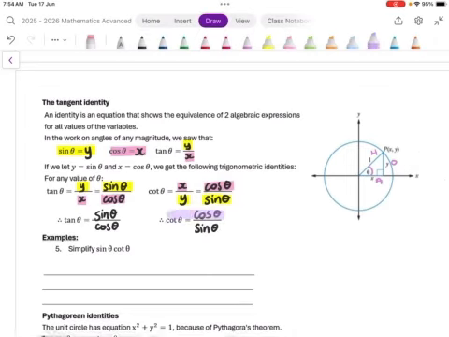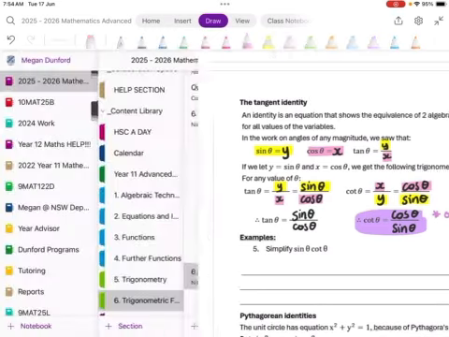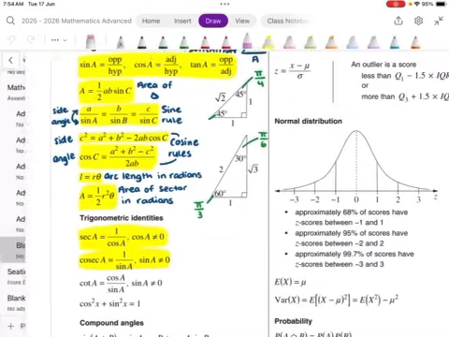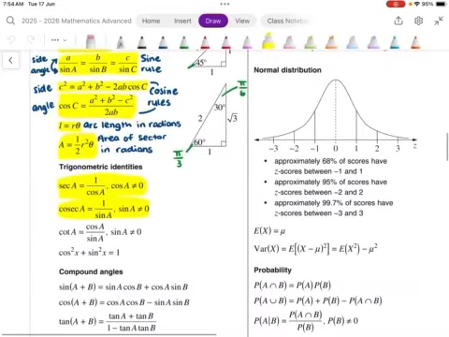Now this identity is on your reference sheet for cot, so let's just mark that there on reference sheet. And if we flick back to our reference sheet, we can see that for cot, we have that is equal to cos theta over sine theta.